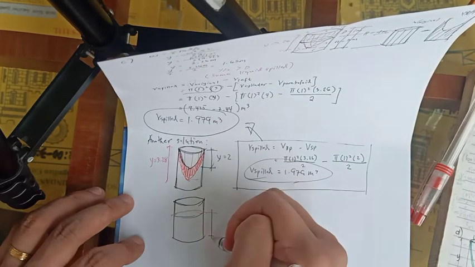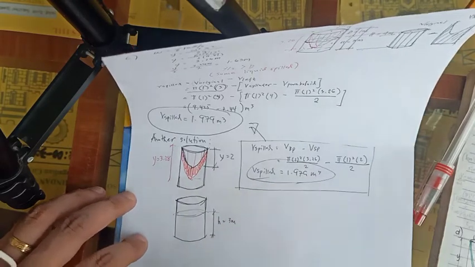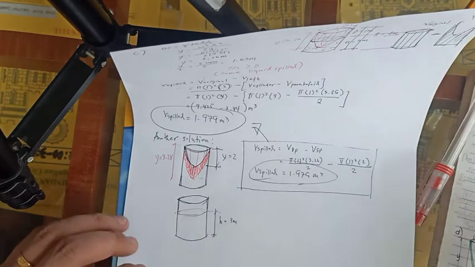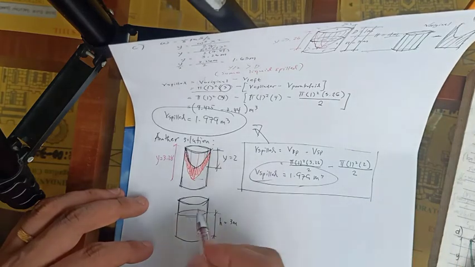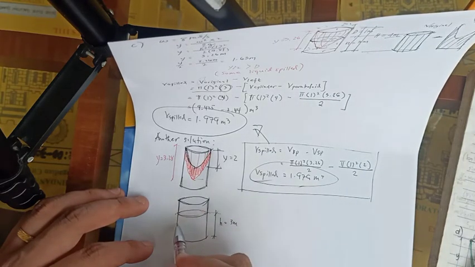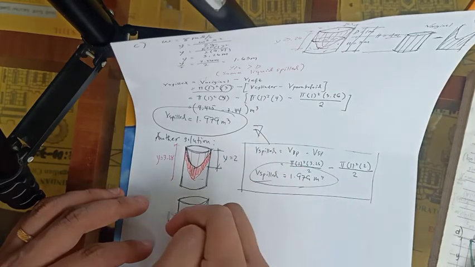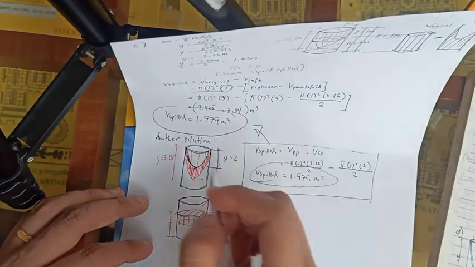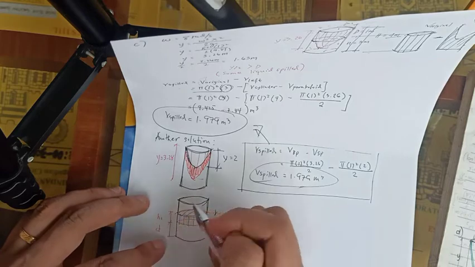Given that this is the edge, small h, 3 meters. And when there is spilling, we put this here. Label this as H sub 1 and this one is D.